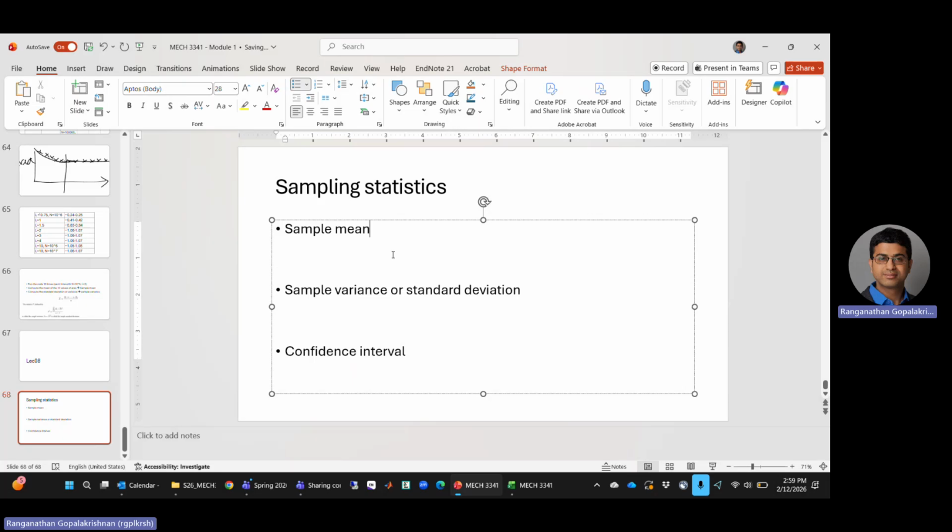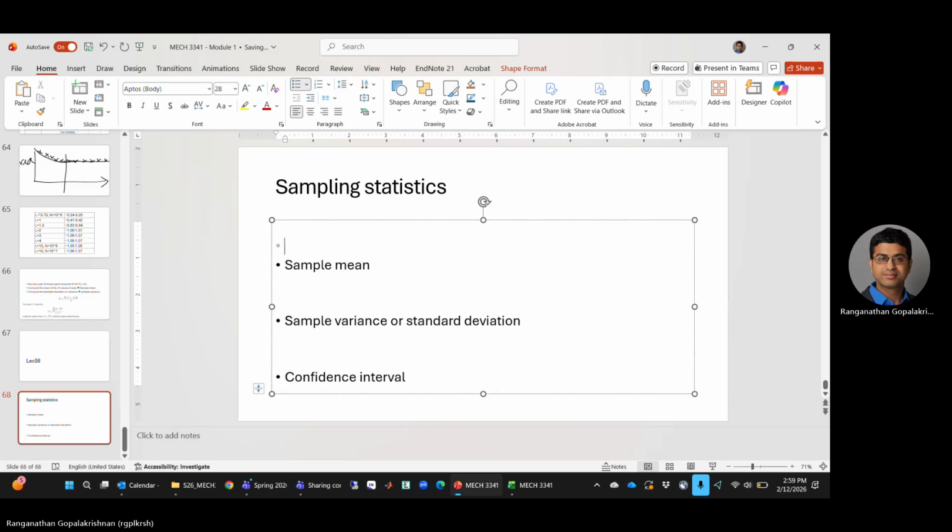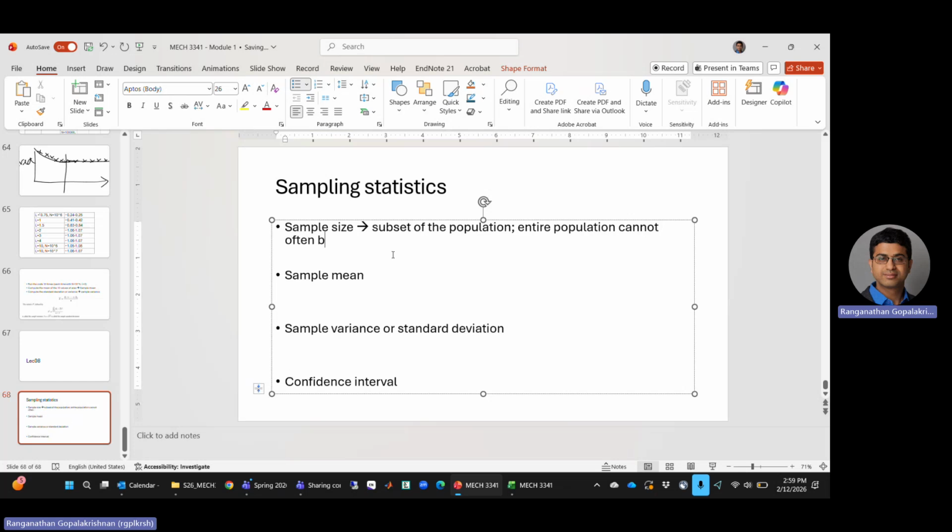We also talked about sample size. Some notes for me to write down. Sample size is usually a subset of the population. The entire population often cannot be accessed because of complexity, cost, or practicality.